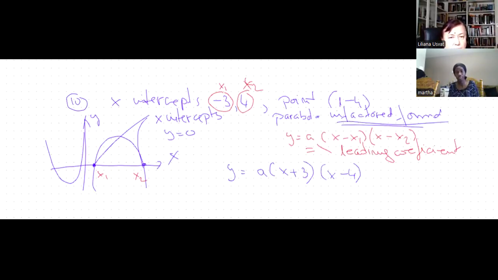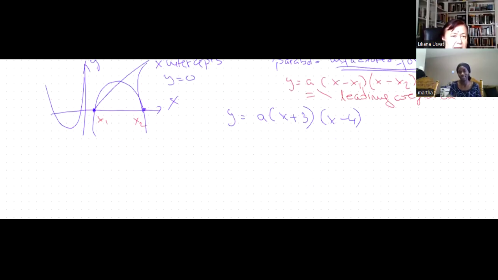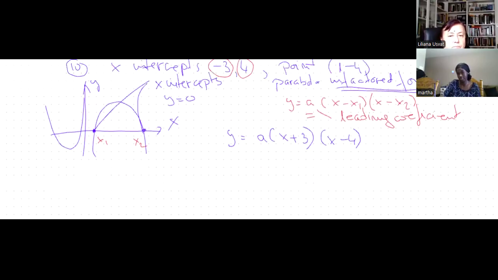The parabola in standard format is y equals ax squared plus bx plus c.